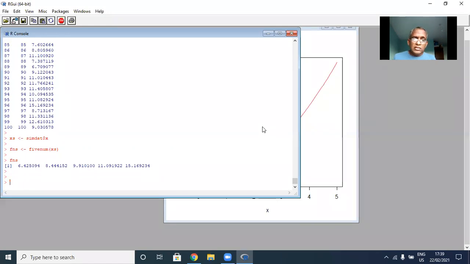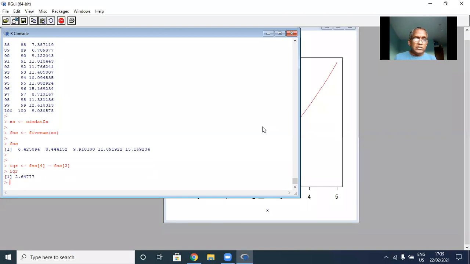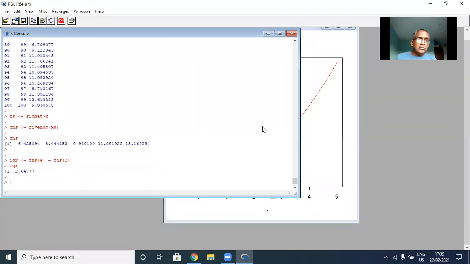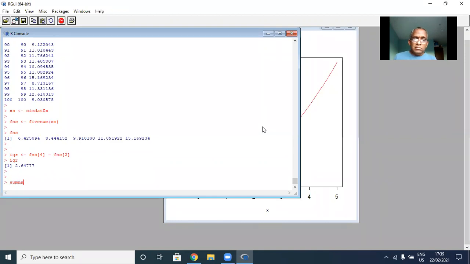To find the IQR, the interquartile range, it is the difference between the third quartile and the first quartile. So the IQR for this data set is 2.64777.